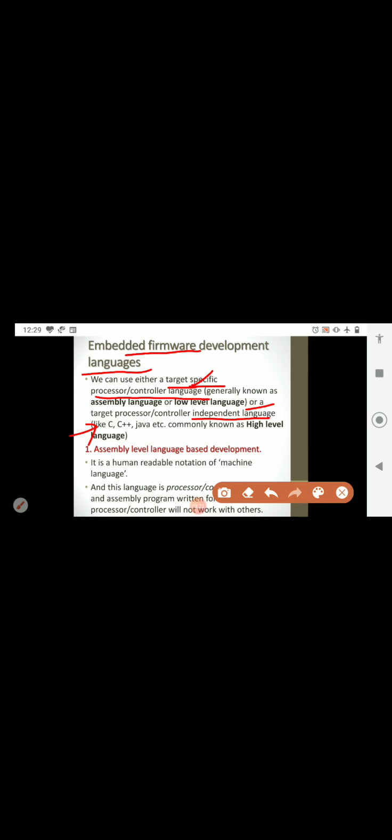Now consider the first one, assembly level language based development. Here we develop firmware with the help of assembly level language. One important point to note is that assembly level language is a human readable notation. You can read and understand the meaning of the instruction.